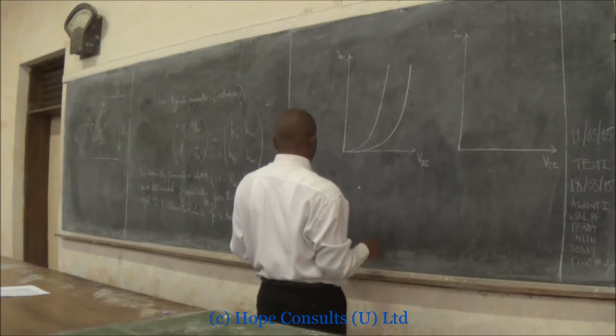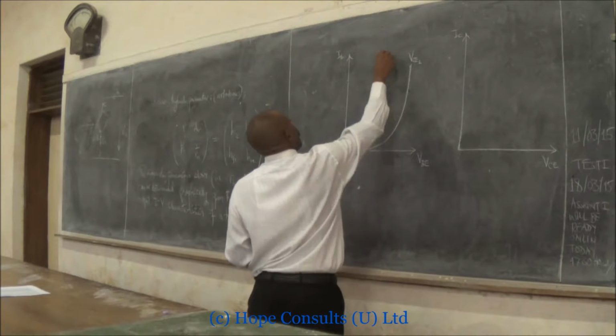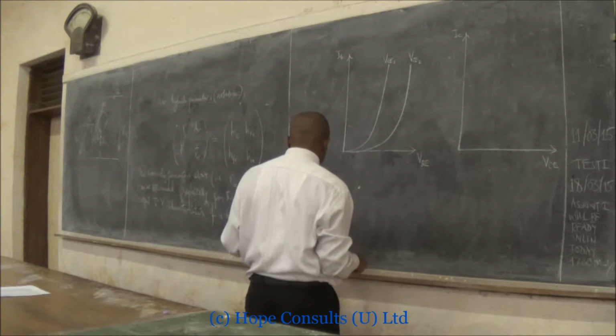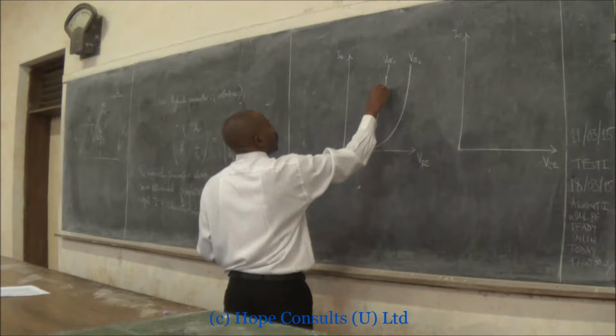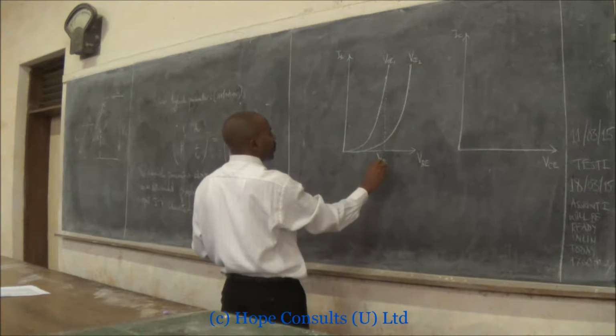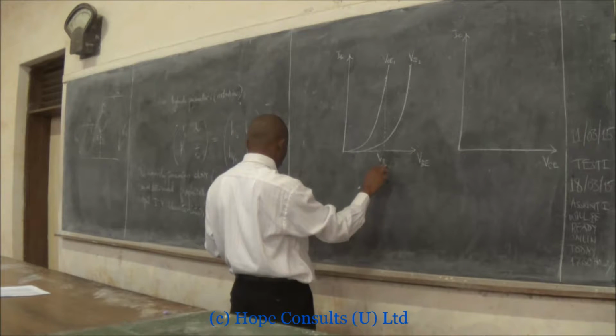So for a given value of VCE2 and VCE1, we will get a value here, VBE1.